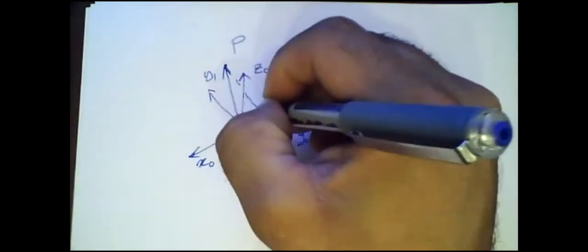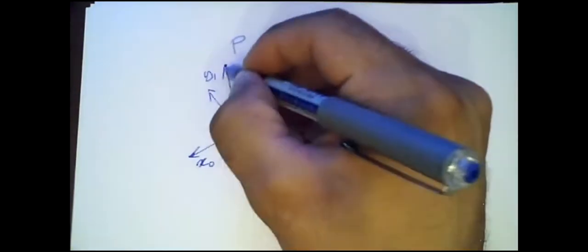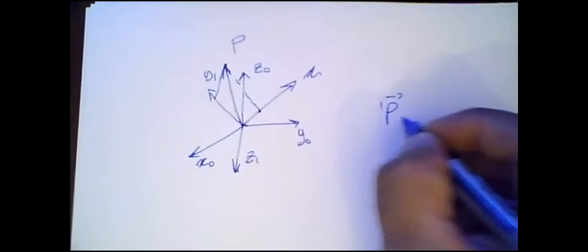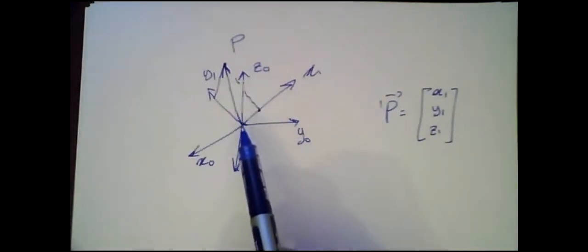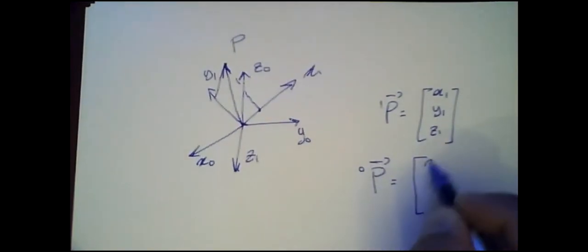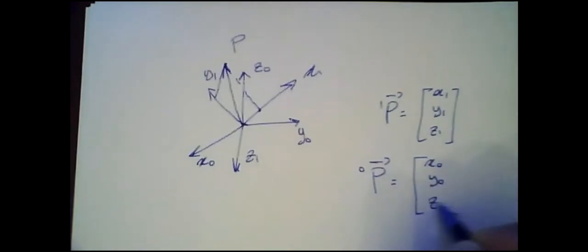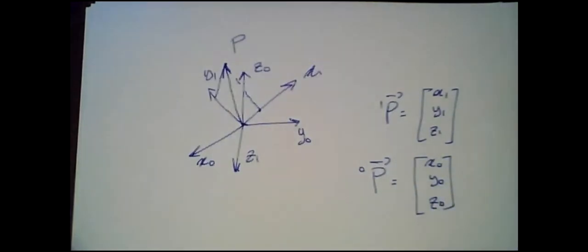Here you will have some x coordinates along this x, and then y, and then z. So P1 will have the components x1, y1, z1. And because this is a collocated frame, we have the same center. P0 is going to be equal to x0, y0, z0. All right, so this is what I have.